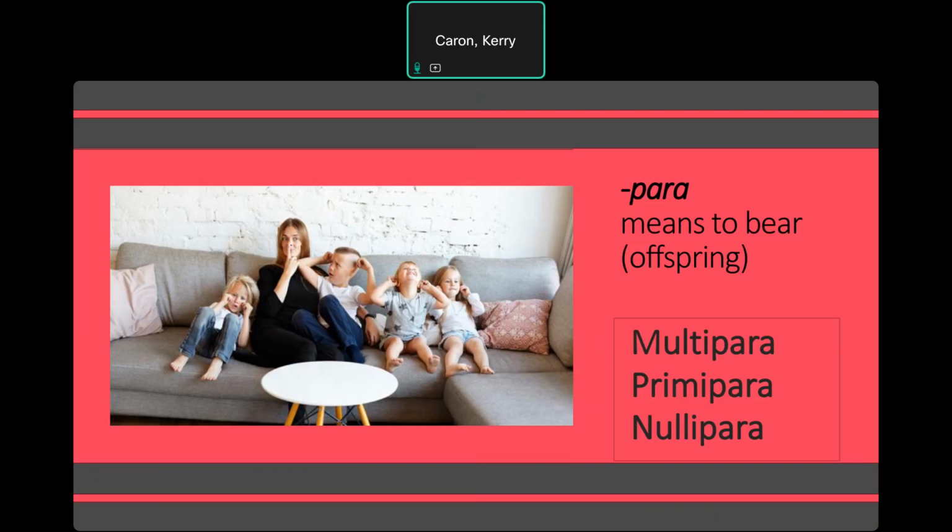Para means to bear offspring. So multipara means someone has multiple offspring, not necessarily at the same time as with gravida, but multiple offspring. Primipara means the first offspring. Nullipara means they don't have any offspring.